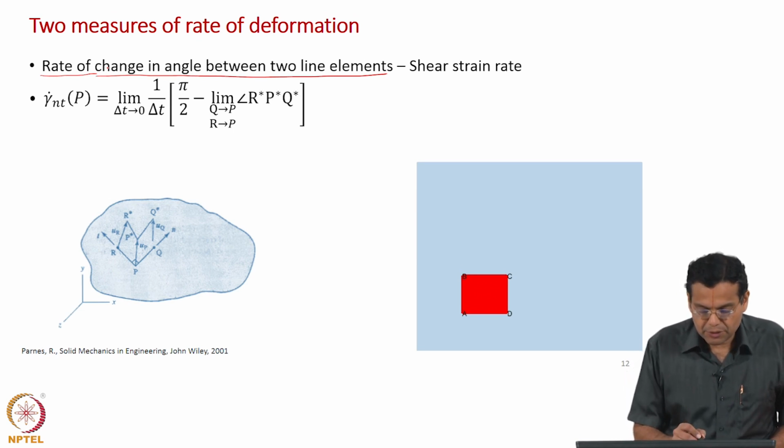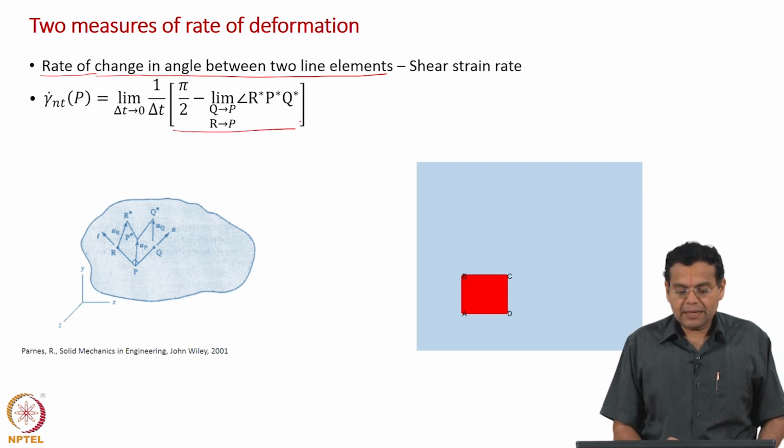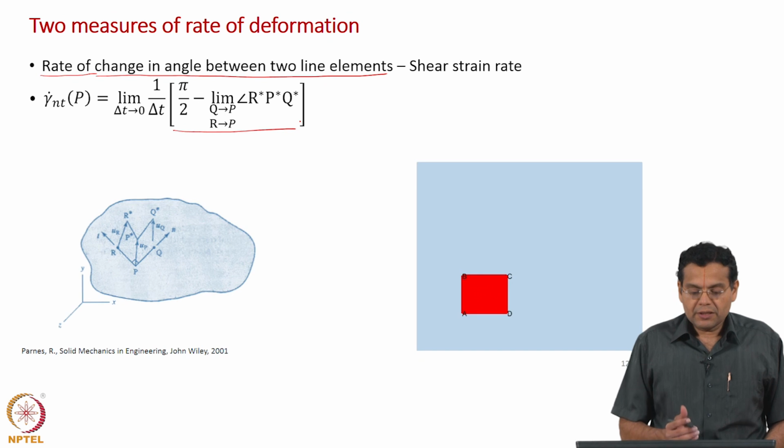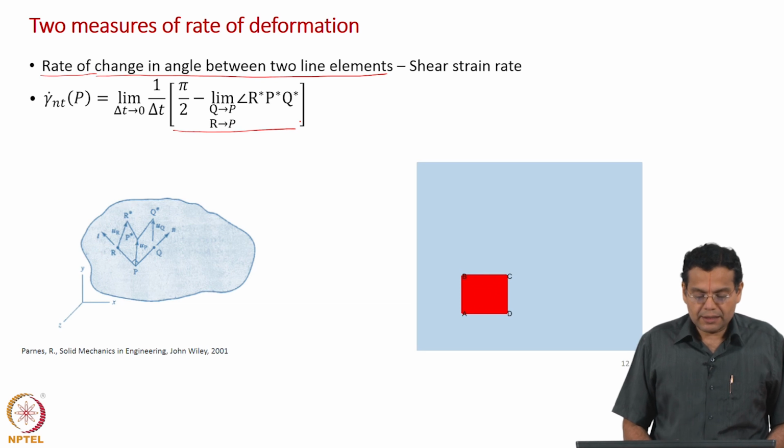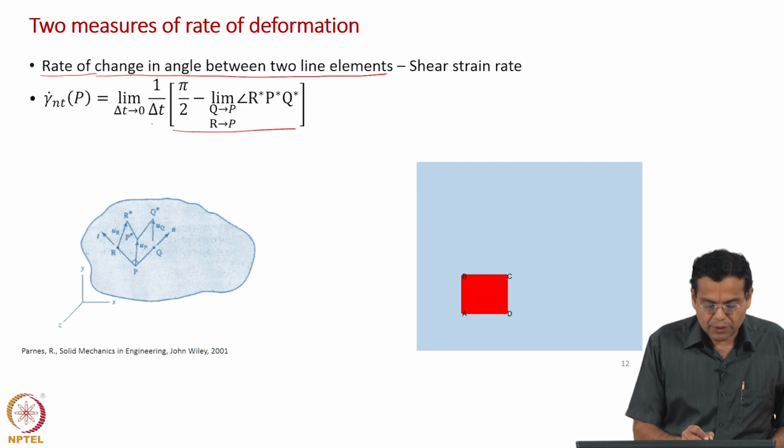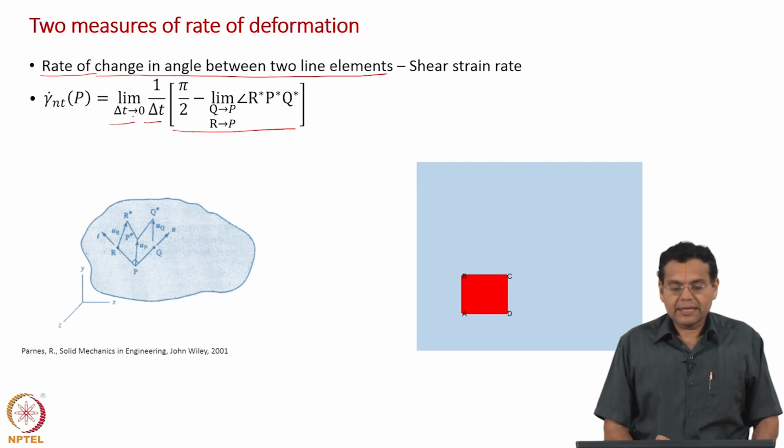Okay. So, the terms within the bracket are the same as what we have seen earlier for the definition of shear strain, okay. And now we are interested in the rate of change of that. So, divide by delta t and then delta t tending to 0, okay.